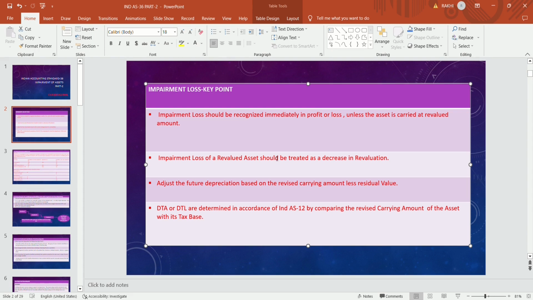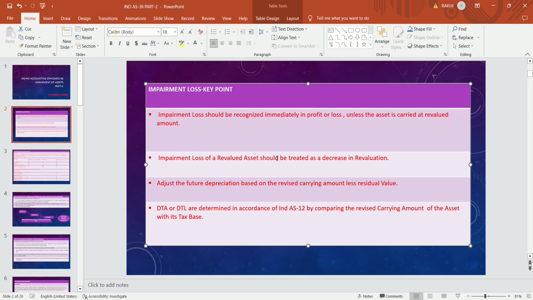Now adjust the future depreciation based on the revised carrying amount less residual value. After impairment, there is a revised carrying value, and now we will charge depreciation on the revised carrying value.